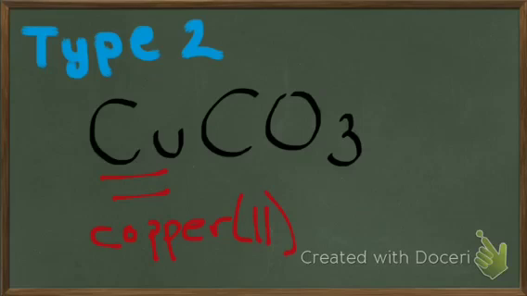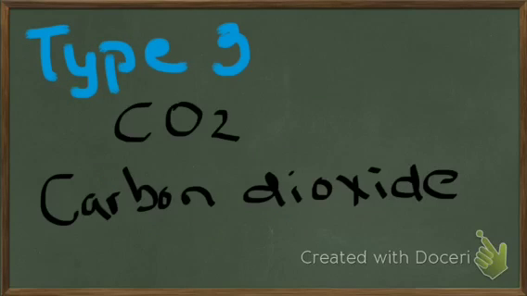Since in transition metals the oxidation state is unknown, it has to be indicated, which is a great way to identify what type of compound it is. Next, we found a type 3, and it can be identified by the indication of the number of atoms in the names such as mono, di, tri, and tetra, as could be seen in this equation when we looked at carbon dioxide, because there were 2 oxygen molecules.